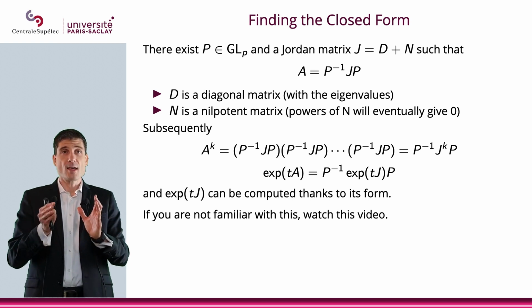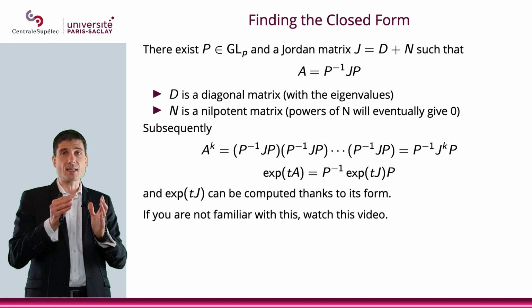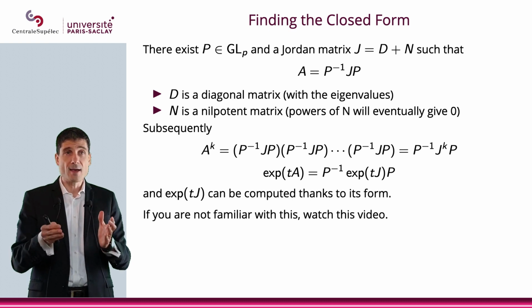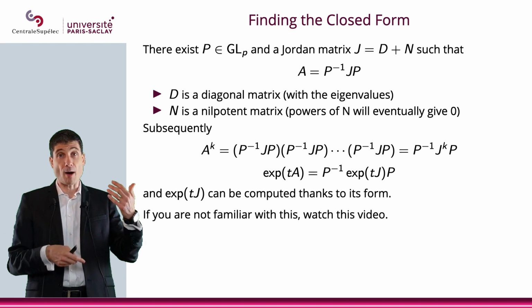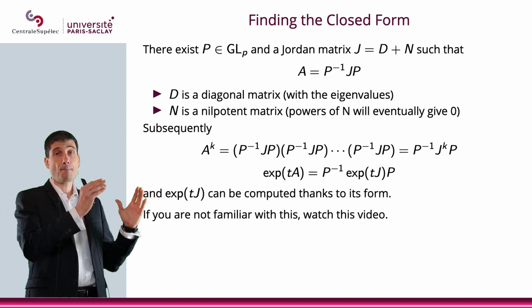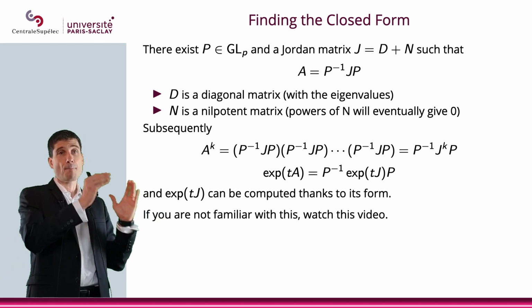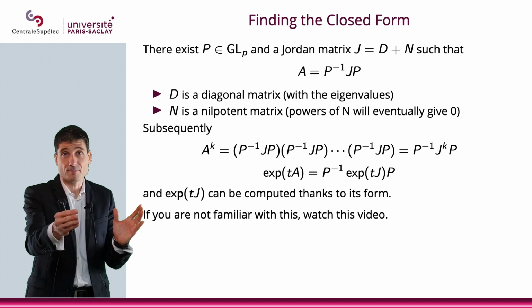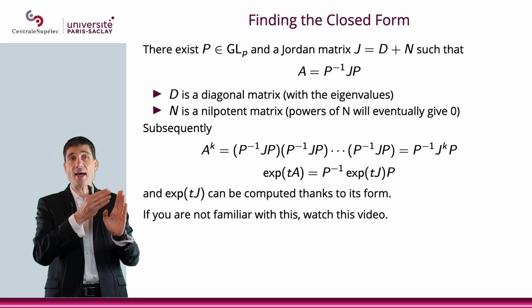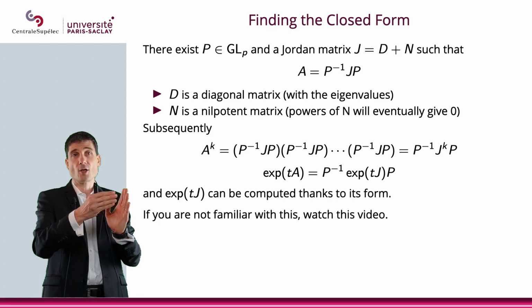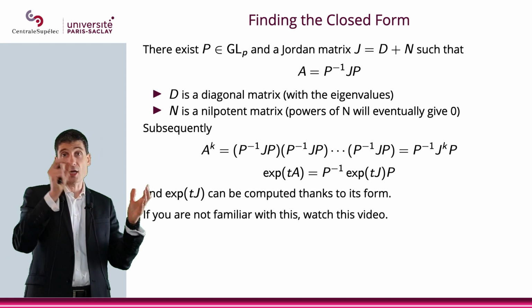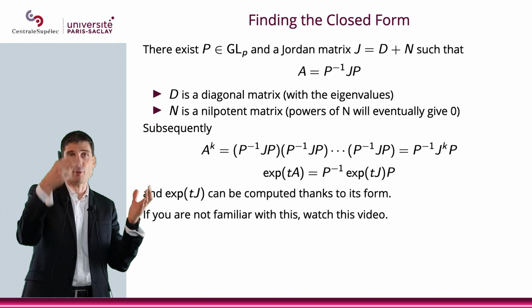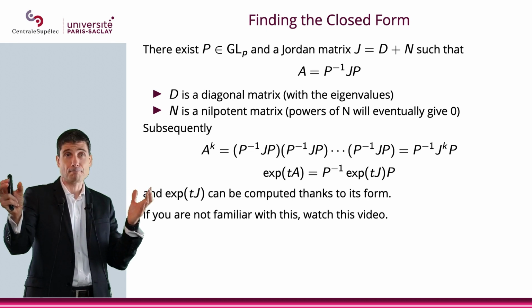Okay? So if you write A in this way, then A raised to power k is P inverse J P, P inverse J P, k times. So by simplifying the P P inverse, you will end up with P inverse J raised to power k, times P, right?